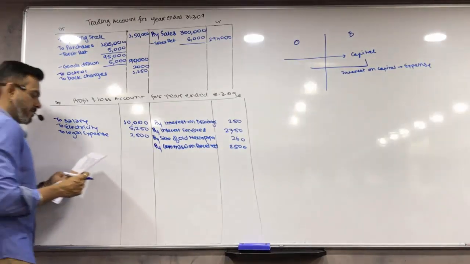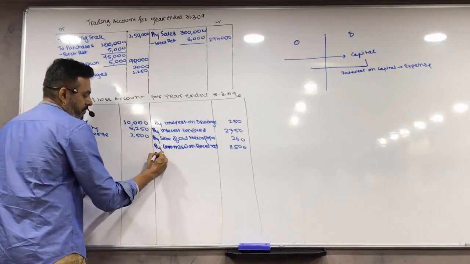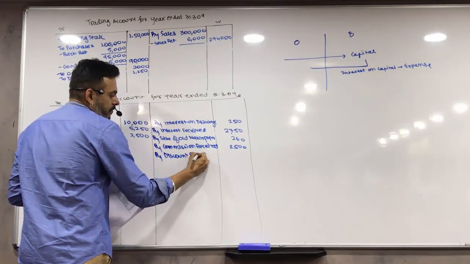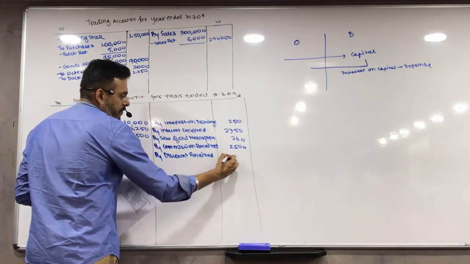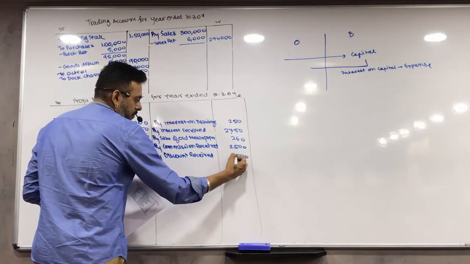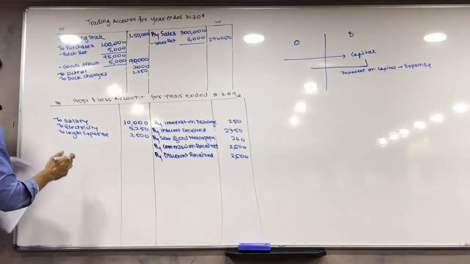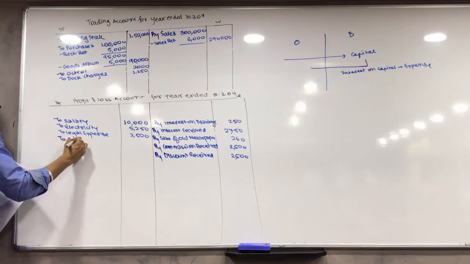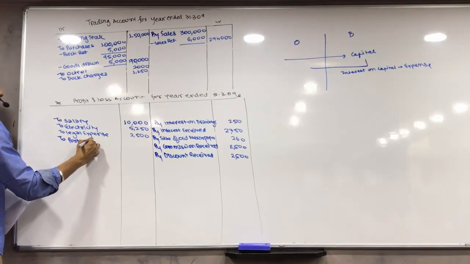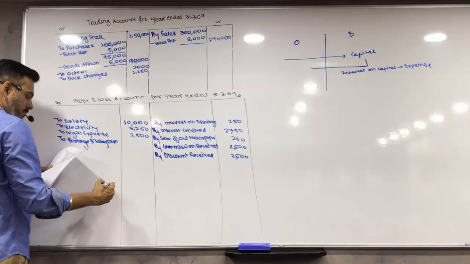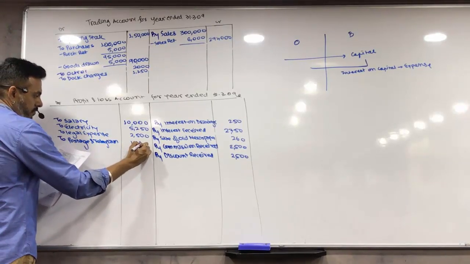Discount received again 2,500. Postage and telegram, 1,250.